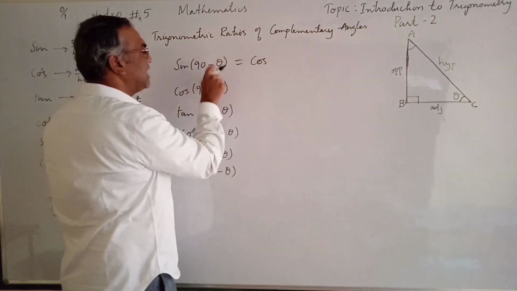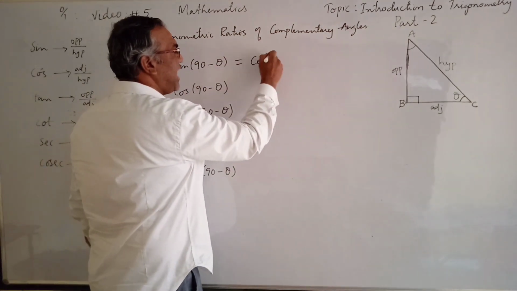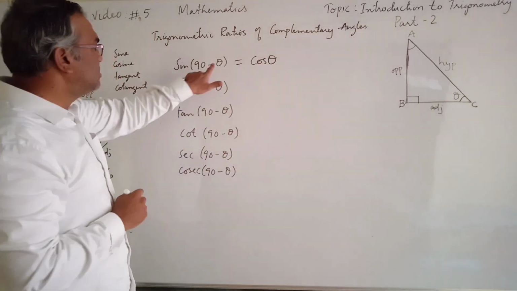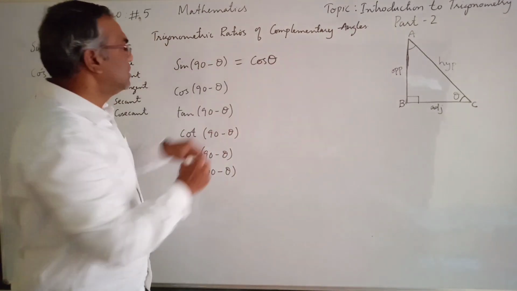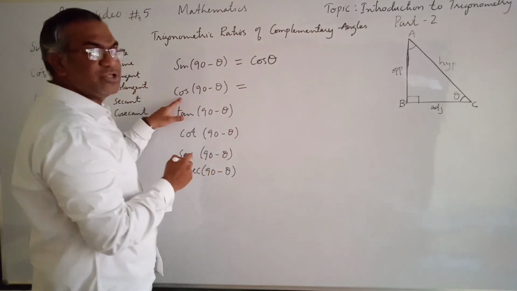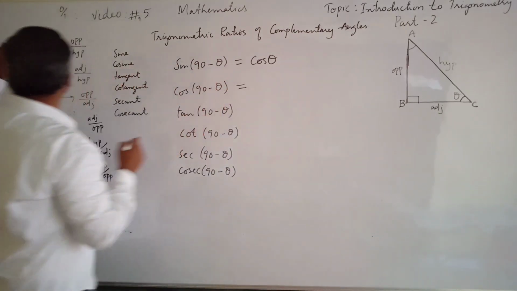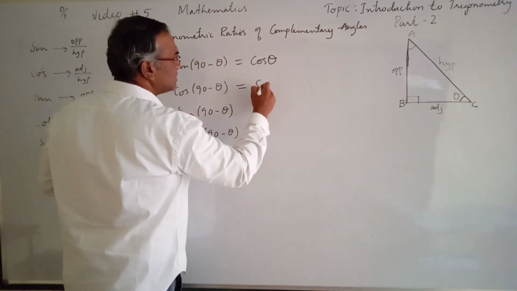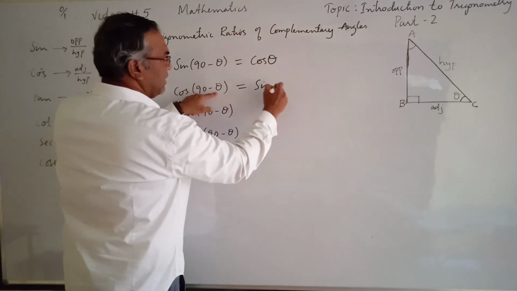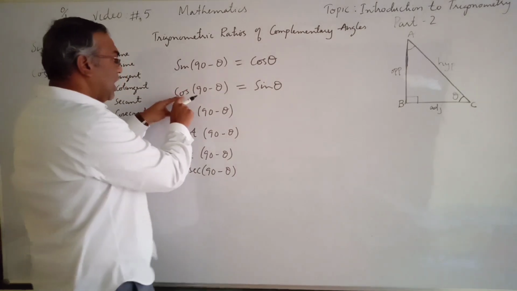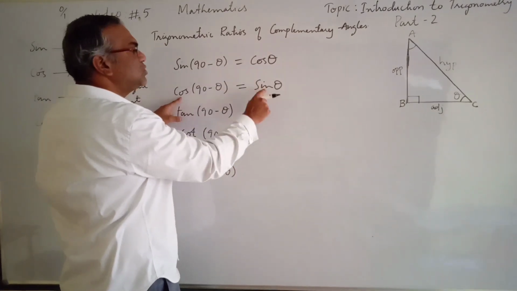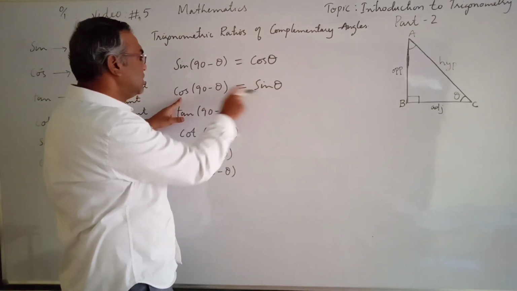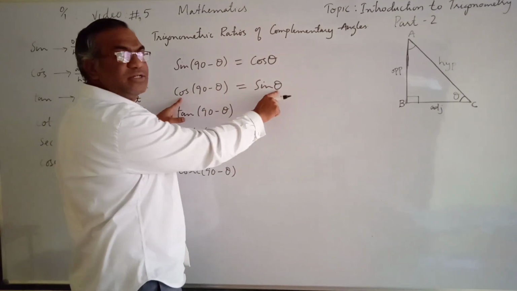Then what must be the angle? This same angle must be attached to it. Now cos changes to its cofunction, sine. After changing the function to its cofunction, you have to take this angle with it.